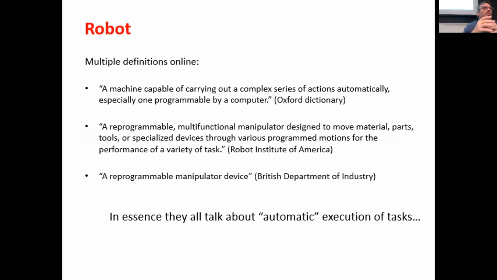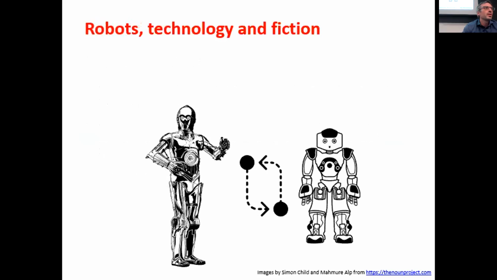In essence, they have to do with the fact that there is some automatic way of executing a task. A robot was invented to execute a task in place of a human, a task that a human would normally be doing, and we let the robot do it. There was always a very tight loop between science fiction and the evolution of robotics technology.